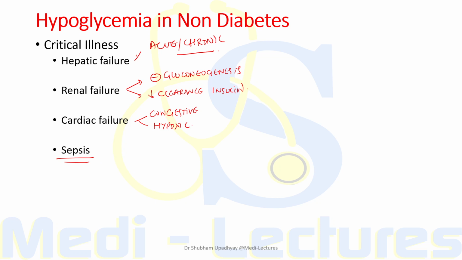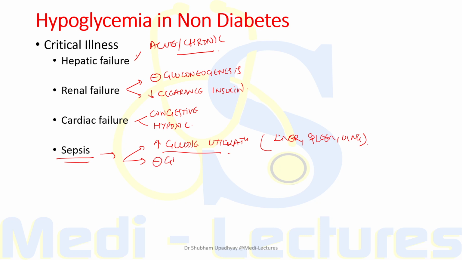Then sepsis is a relatively common cause of hypoglycemia in ICU patients. What happens is, in sepsis there is increased glucose utilization, typically in macrophage rich tissues. So what are these macrophage rich tissues? These are liver, spleen, lung, etc. So there is increased utilization by these tissues.